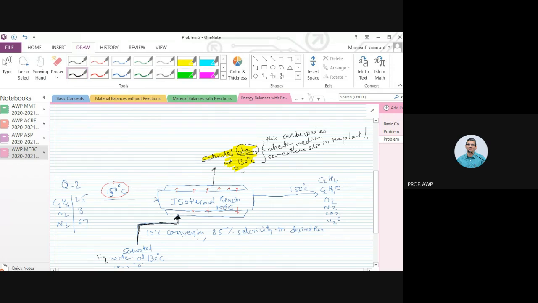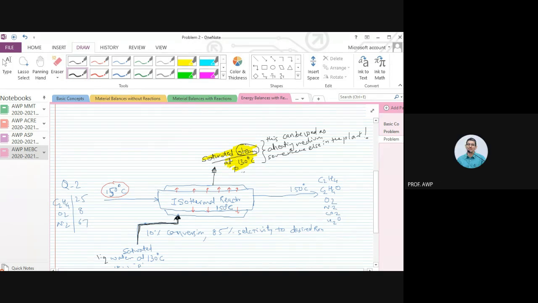Rather than taking hot water, that hot water would again get cooled very quickly because Cp is very small. And then if I have to maintain a difference of 20 degrees, that hot water is of no use to me. Whereas steam is more useful because I can convert it back into liquid water at 130 degrees centigrade. I will get the whole latent heat and I can maintain the 20 degrees centigrade driving force. Do you agree? Yes, sir.